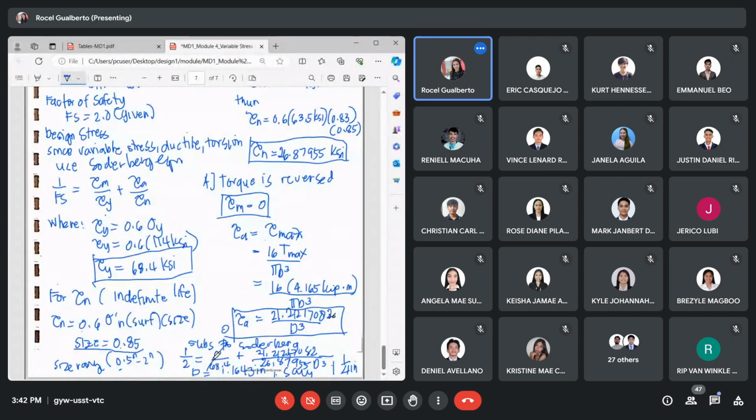Okay, so paki-solve po muna natin and then later, I'll show to us po yung inyo pong mga solution. Okay, sige po. Work on letters B and C muna po.